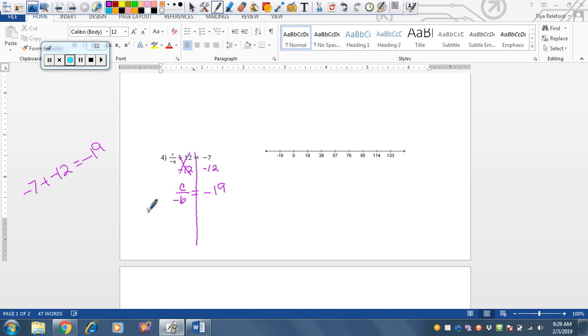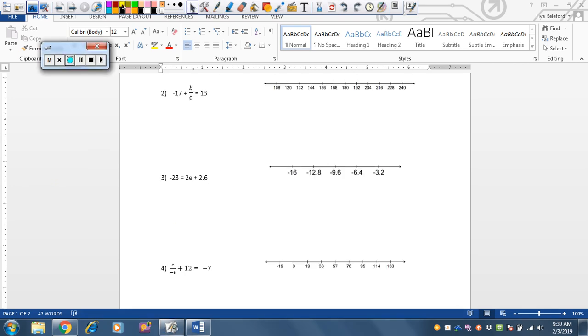Now for step 2, this is divide by -6. You are going to multiply times -6. These cancel out and you're left with c, and then whatever -19 times -6 is. And it should be a positive. Just saying. I know I'm doing it backwards.